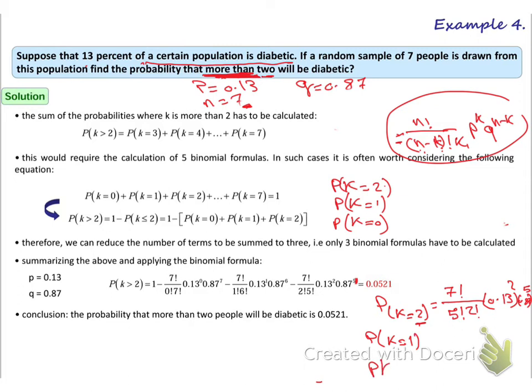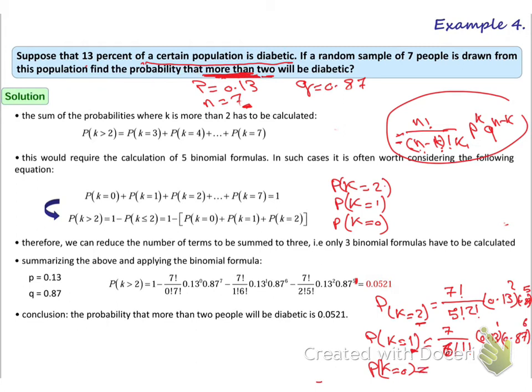So the first time, then I get the probability of k equals 1, the probability of k equals 0, and so on. So here 7 factorial also, n minus k here, 7 minus 1 equals 6 factorial, k equals 1 factorial times 0.13, 0.87, here to the power k equals 1, and here n minus k, which will be 6.